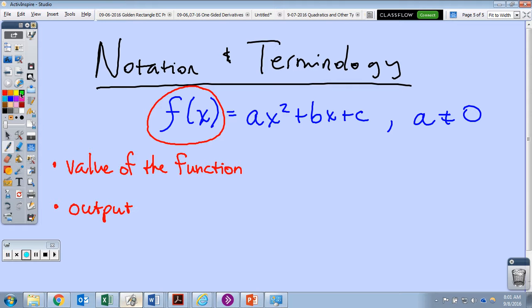And then as far as the x's go, you can think of these as your inputs. And these would be the independent variable.